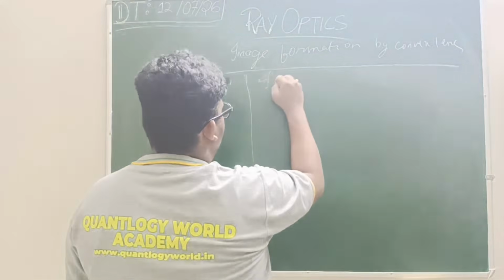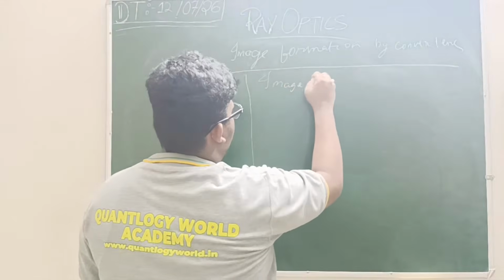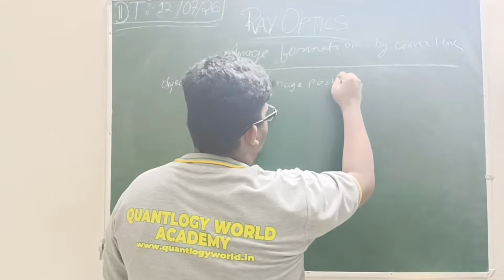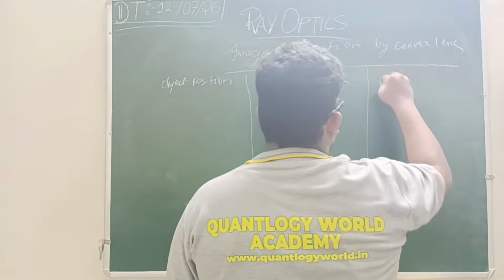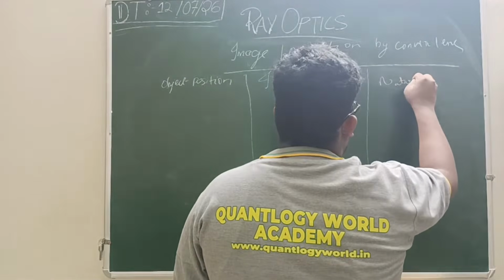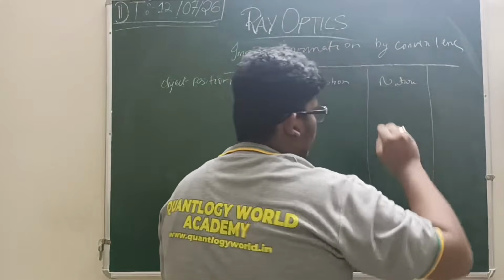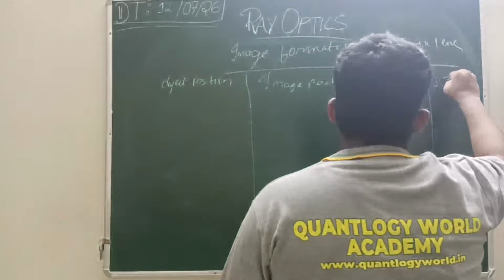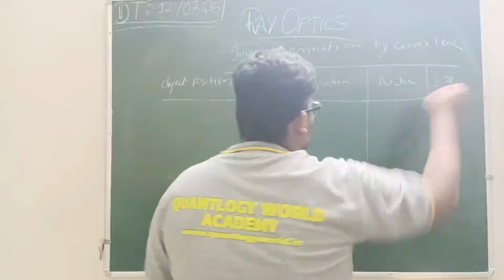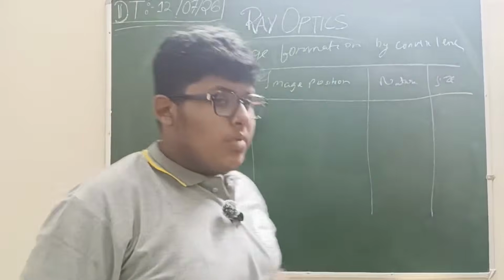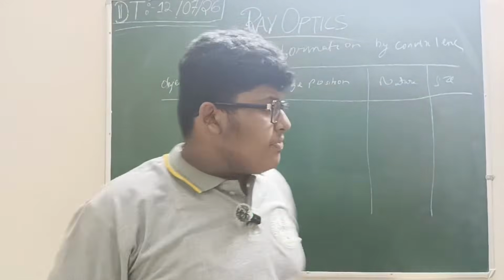Next is image position. Next is nature. Last one is size. By this table we can know the image formations in convex lenses.